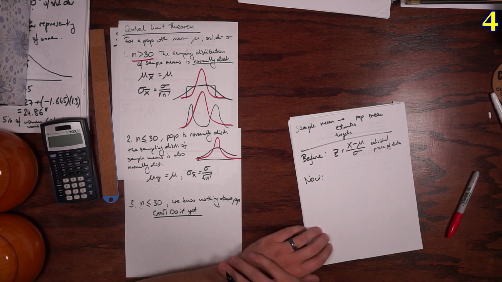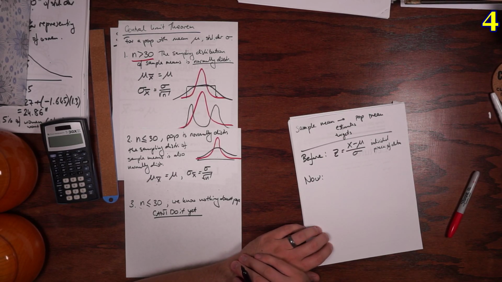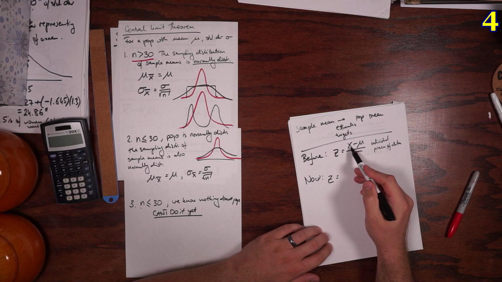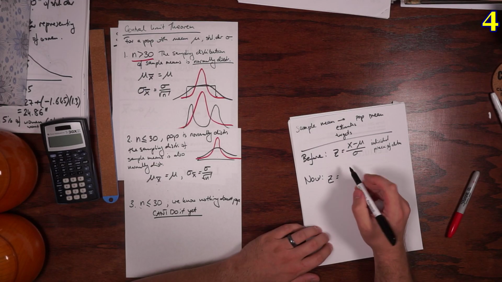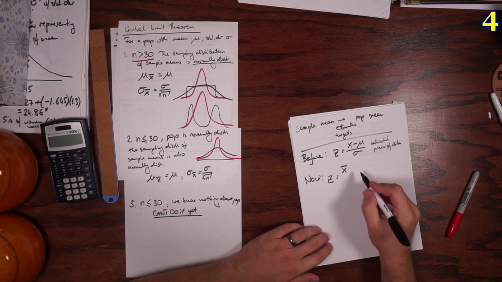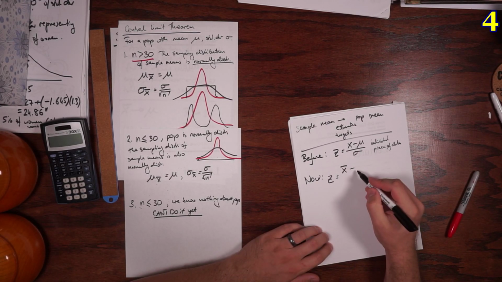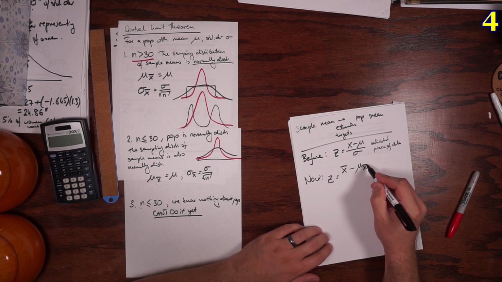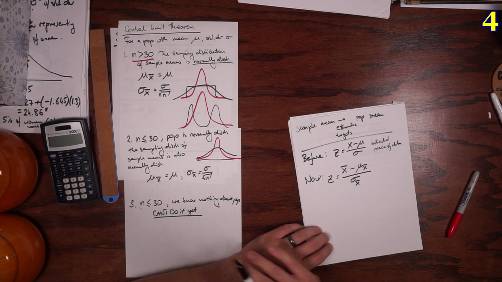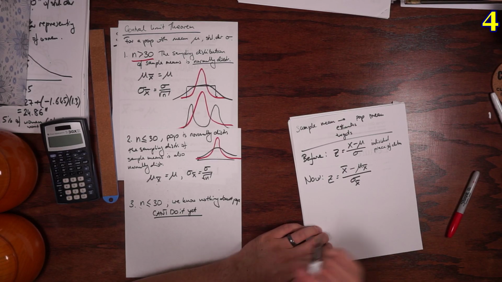Now, we no longer want to use a single piece of data. We want to use a sample. Well, we don't have a data value, we have a sample mean. Well, in that case, we don't have a mu, we have a mu of sample means. And we don't have a standard deviation, we have a standard deviation of sample means. Oh my god, such a difficult formula.